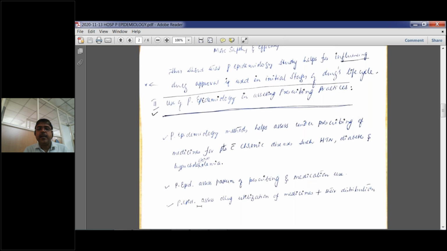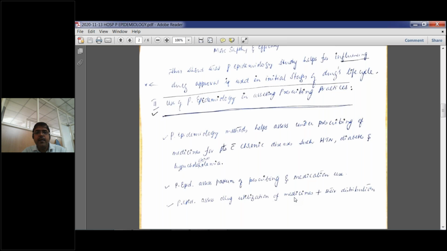Next, pharmacoepidemiology helps to assess the drug utilization of medicines. Say, for example, among antihypertensives, which are the medicines that are getting prescribed and utilized, how the business turnover is taking place, and whether the stock of those medicines is less or more, which are fast moving, slow moving, or moderately moving drugs.